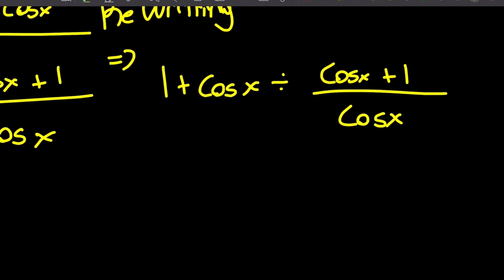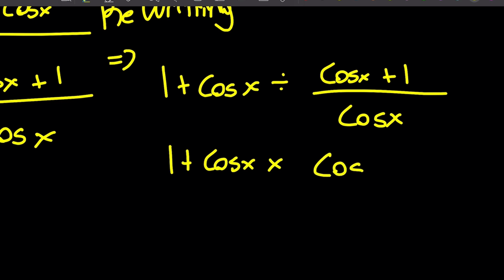Now you know that dividing by something is the same thing as what? It's the same thing as multiplying by the reciprocal. So we'll say that 1 plus cos x times the reciprocal of this is just bring what's on the bottom to the top and what's on the top to the bottom.